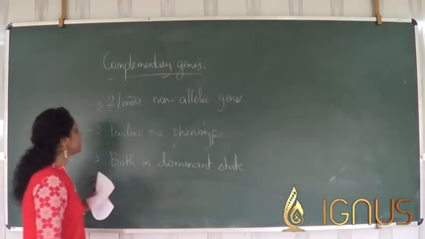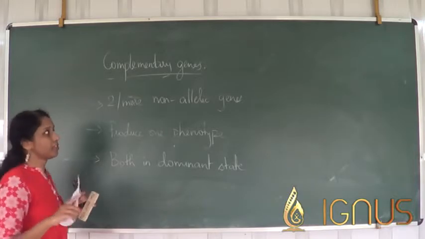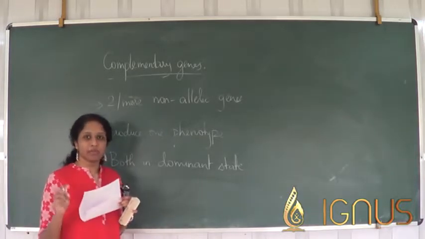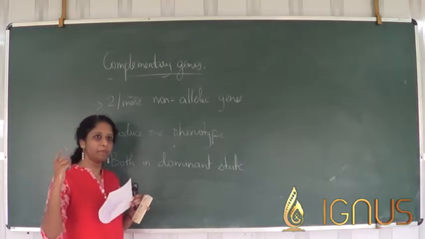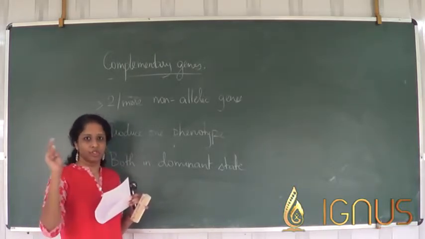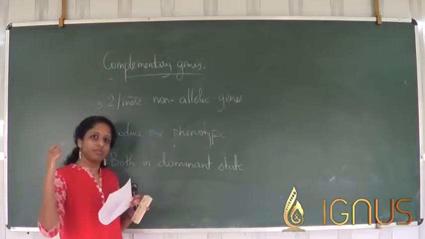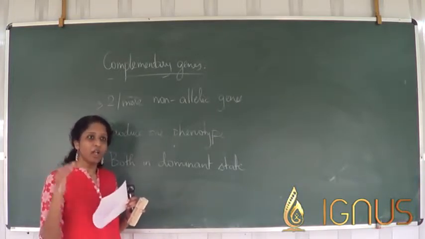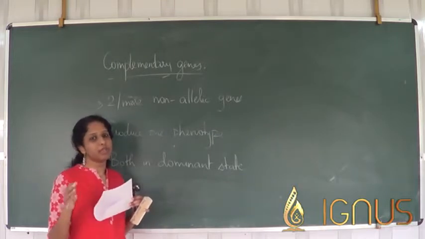Now complementary genes, like I said, produce one phenotype, and they need not be found on the same chromosome, meaning both the genes, so two different alleles of two different genes, 4 alleles in total, need not be found on the same chromosome.